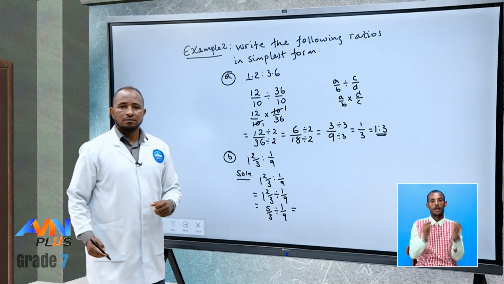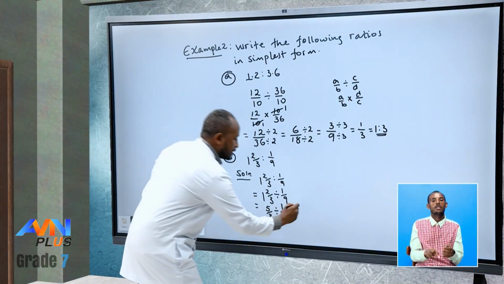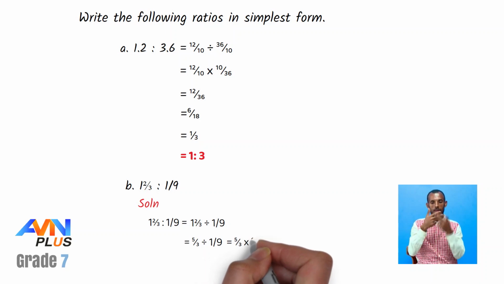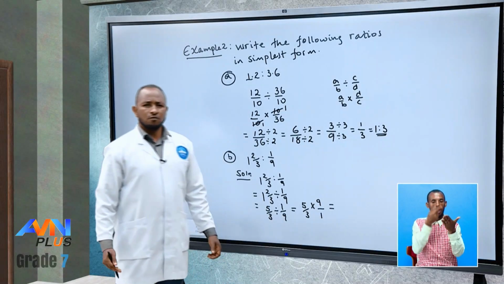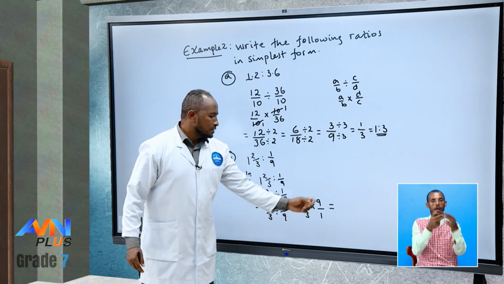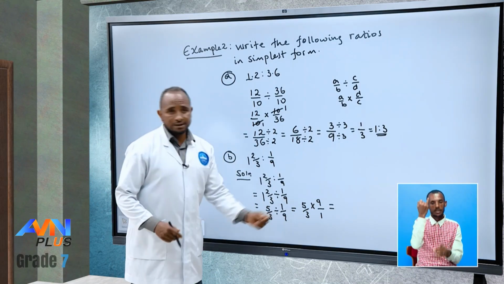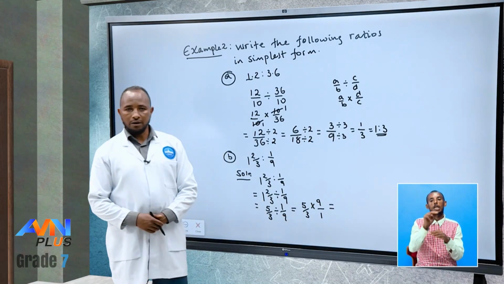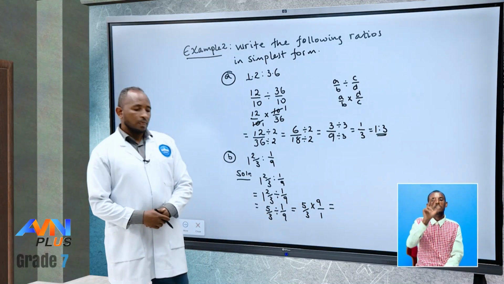Dividing means multiplying by the reciprocal. Therefore, this becomes 5/3 times 9/1. So here, before multiplying, you can change this into the lowest term by dividing by the same number, the number which is found in the numerator and denominator part. So here 9 and 3 have a common factor.